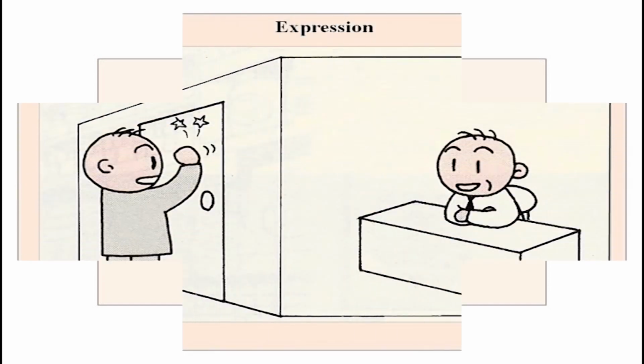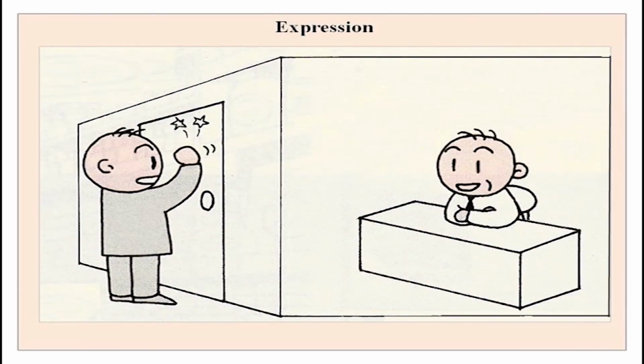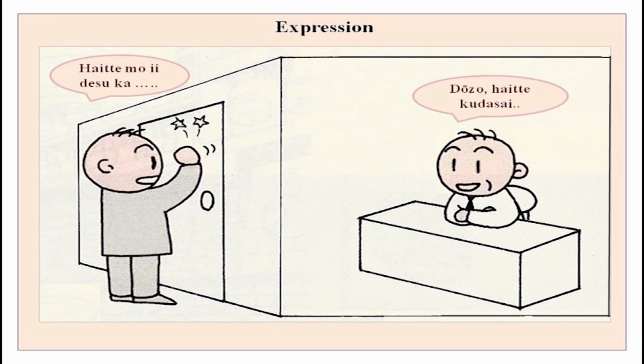And we have a small expression for you now. This you have done earlier as gomen kudasai and dozo. Now, you have this sumimasen, haitte mo ii desu ka? Another expression, te mo ii desu ka, we have just done. So, well, dozo haitte kudasai. So, asking permission before entering is what it means.